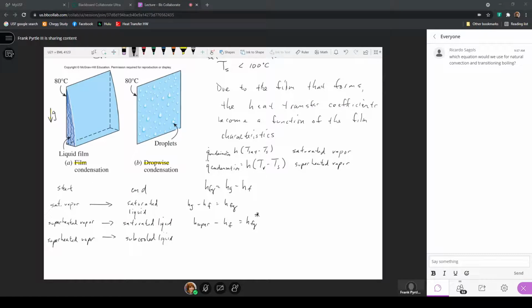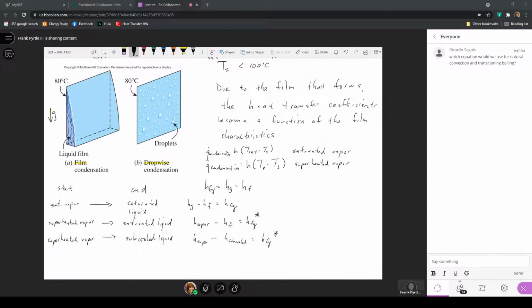So when I'm considering going from a superheated vapor down to a subcooled liquid, I'd have to consider H, the enthalpy of the superheated vapor, minus the enthalpy of the subcooled liquid now. And that we could define as an HFG star, which would be another expression of a modified latent heat of vaporization for a condition where I'm going from superheated to subcooled.